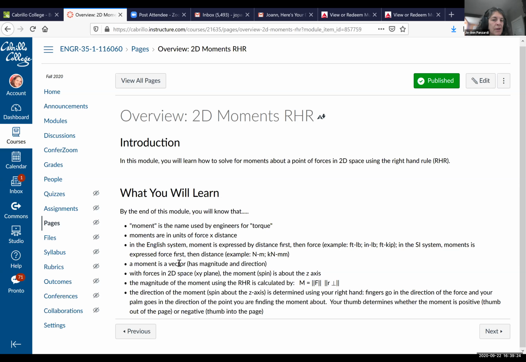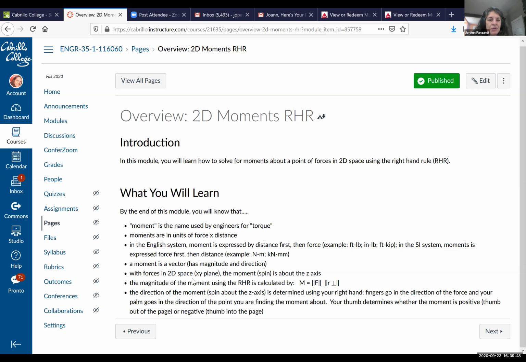We also already know that a moment is a vector, which means it has magnitude and direction. And if we have forces in the 2D space, which means they're in the XY plane, the moment, the spin, is about the Z-axis, right? Everyone, we know that already? And it could be positive or negative.